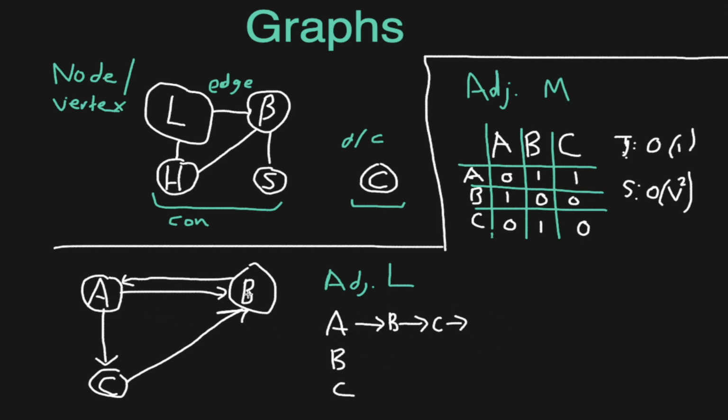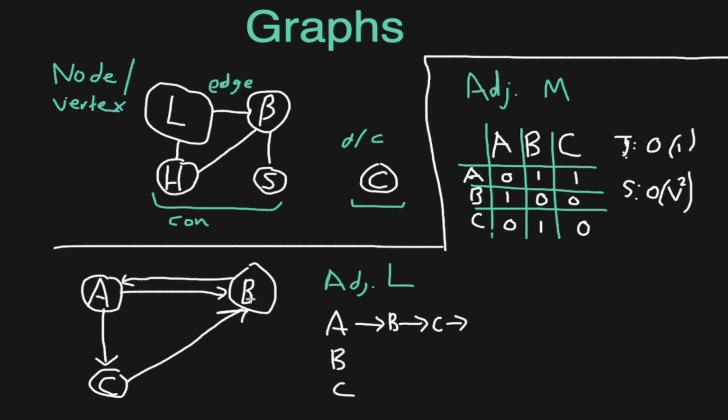So A points towards B and A also points towards C. If we want to know which nodes A links to, and we're representing that in a linked list, we can just have A point to B, and then when we cycle through we get the next node as C. That has contextual information to know that B and C are related to the list A because A is the start of the list, and cycling through shows everything A points towards.